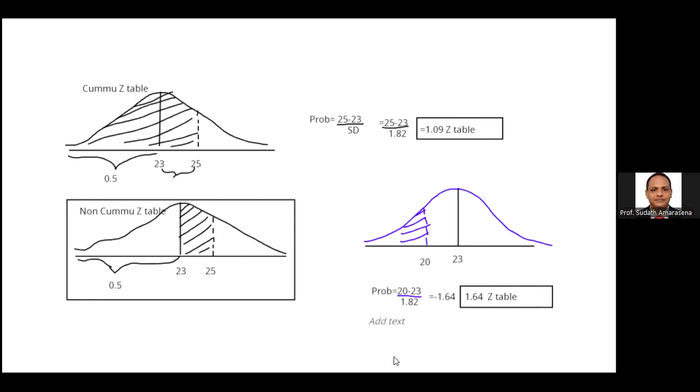Probability equals 1 minus 0.9495. Why do we take 1? Because the cumulative table already includes the 0.5, therefore we should subtract from 1. You can get the answer as a percentage.